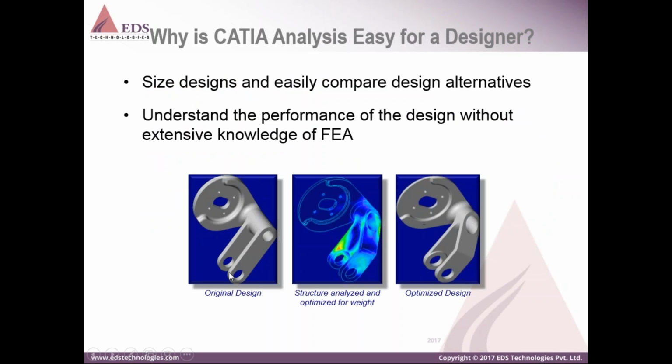So here we have an original model built in CATIA. It will be analyzed, and based on the results, some modifications are done in that model. So it is structurally analyzed and optimized for the weight, and finally within very less time we can get the final design.